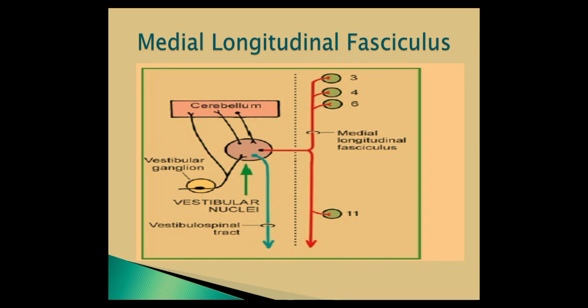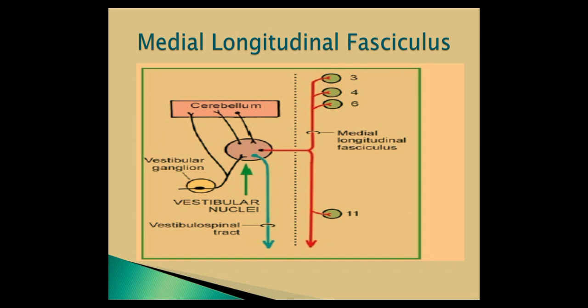The upper motor neuron for this descending tract originates from nuclei present in the brain stem.